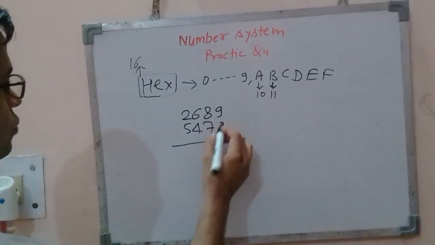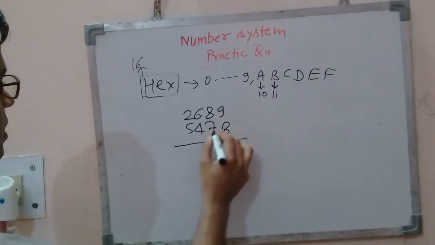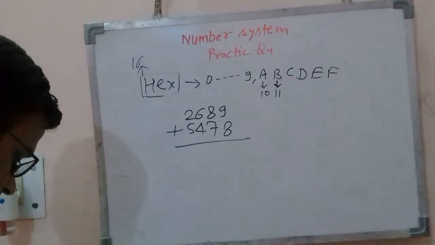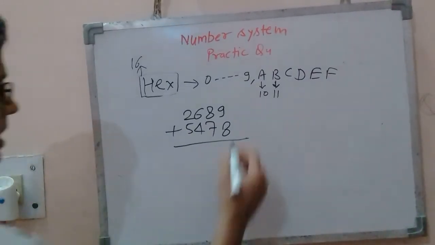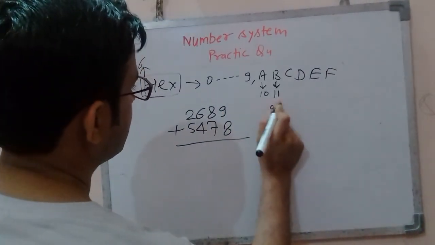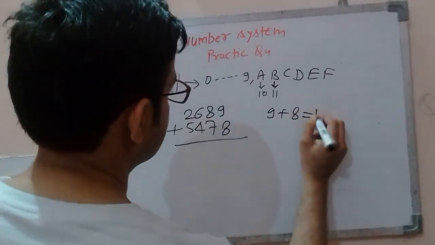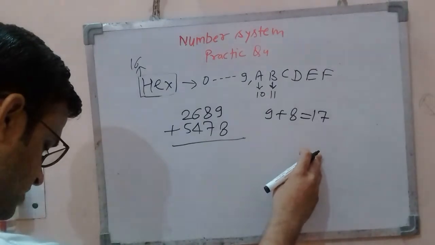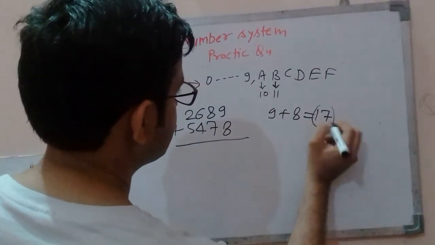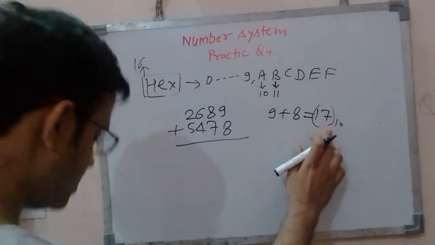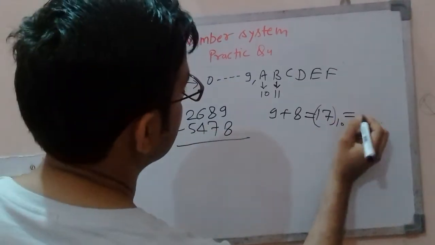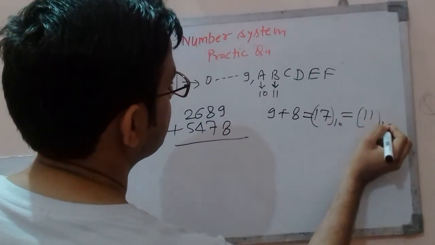And he is asking you to add these two numbers. That means add 9 plus 8. 9 plus 8 is 17 in decimal, which is equal to 11 in hexadecimal.